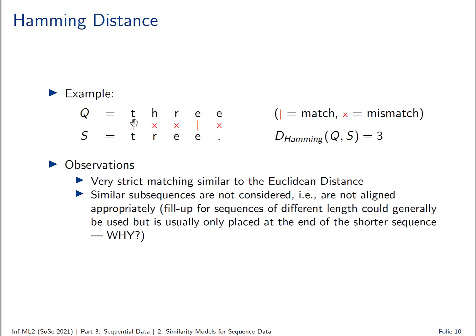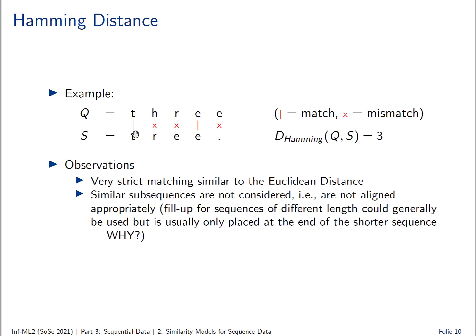So here T and T match, obviously. H and R do not match, so we have a 0 here, a 1 here. Then R and E do not match, so another 1 here. E and E match, so a 0 here, and E and the artificial element also is a mismatch. So we have 3 mismatches, so the Hamming distance is 3 in that case.